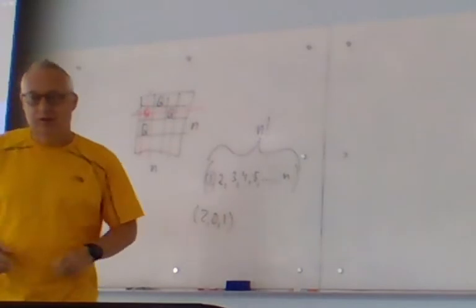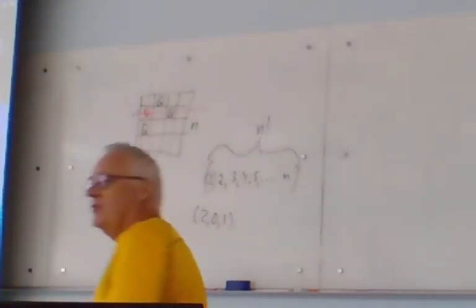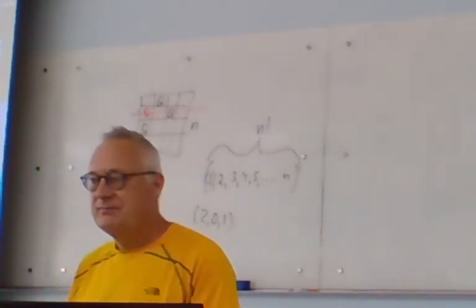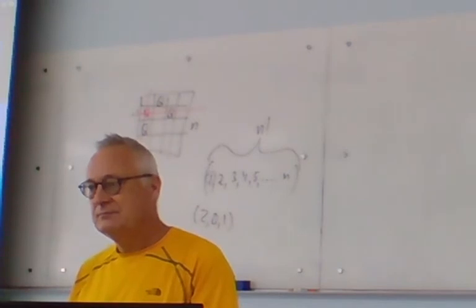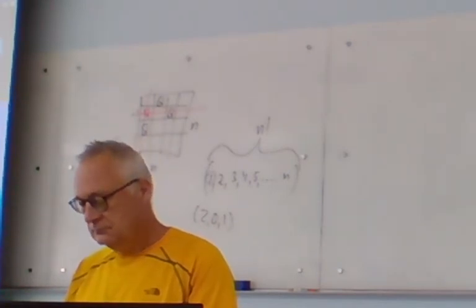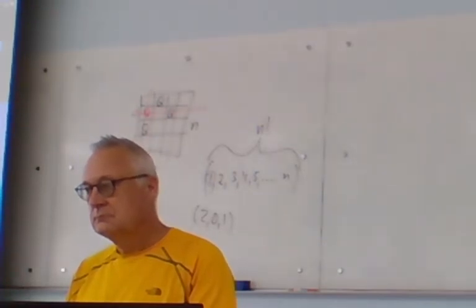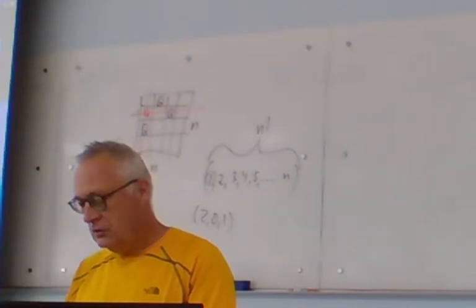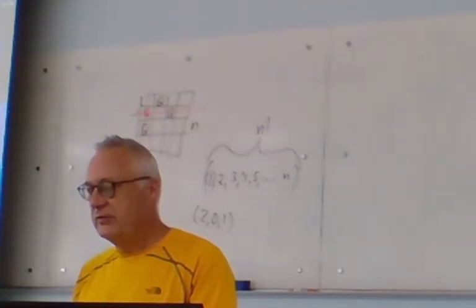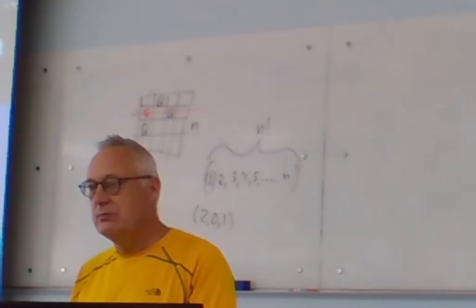So through clever representation as a column vector, it's reduced to order n factorial. So it's the same as the data association problem.